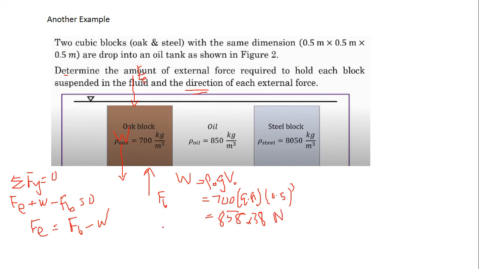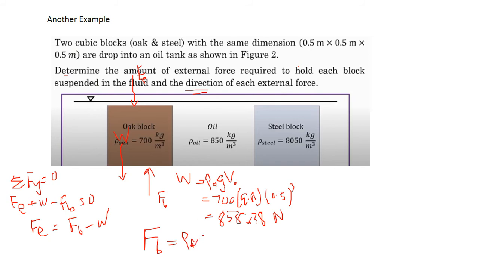So you need to find your FB. Berapa pula FB? Apa formula dia? Rho g V, rho juga, of oil. Rho of oil. Okay, rho of the fluid, tak O. Tak, F lah supaya tak sama dengan yang O sini.